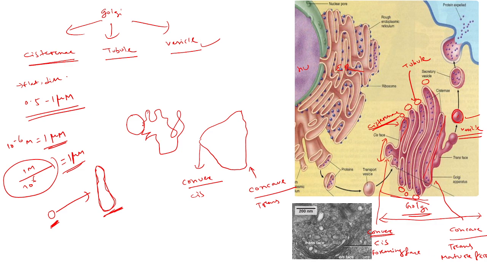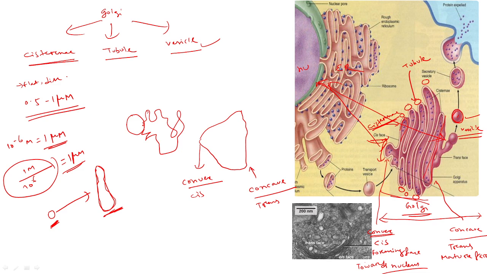Always remember that this cis face is facing towards the nucleus. Look at the structure. This face is always looking towards the nucleus. That means it is nearer to the nucleus in comparison to the trans face. This face is very far in comparison to the cis face.